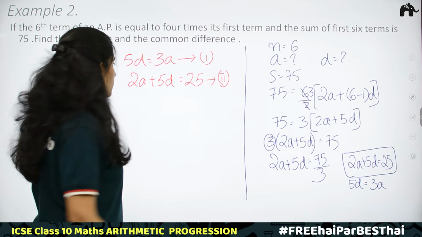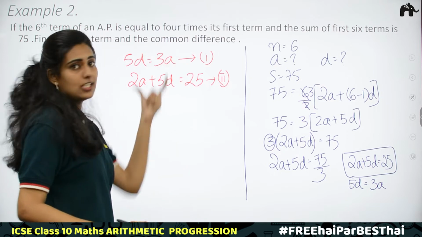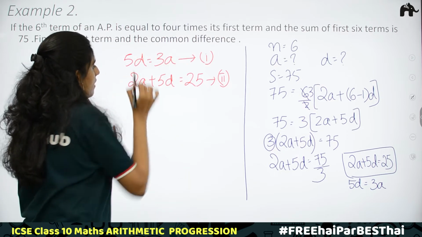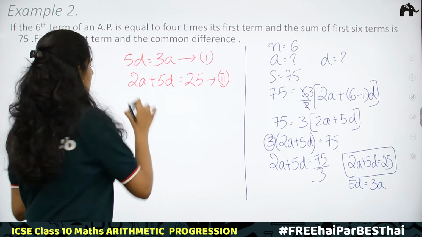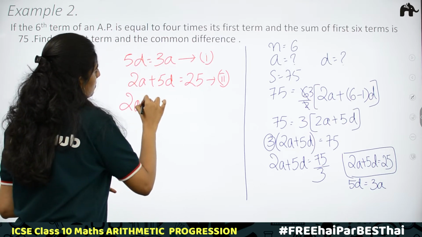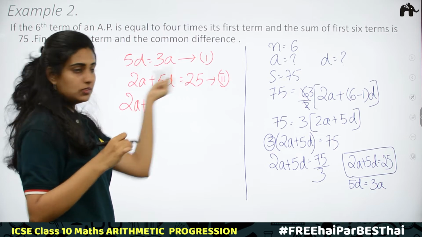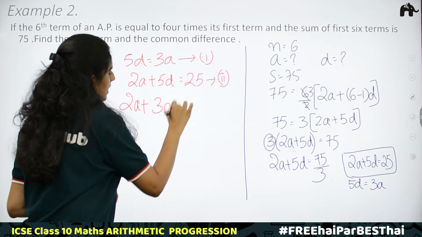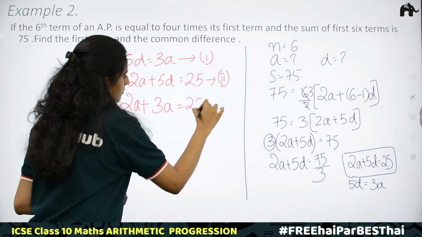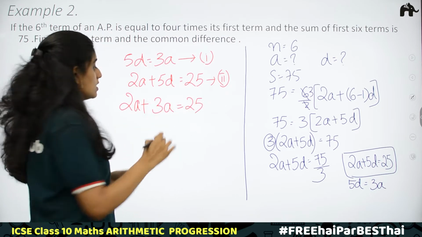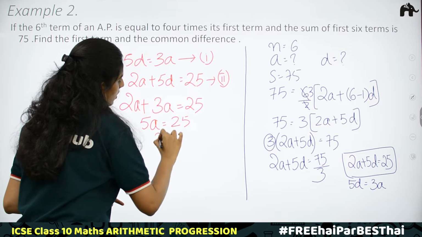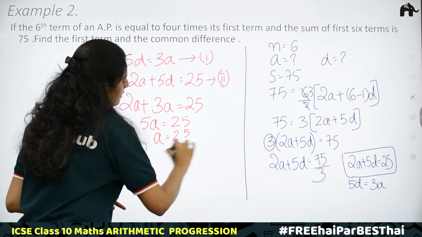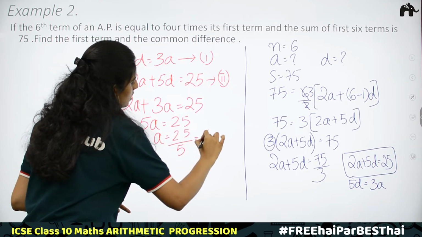Now I am going to substitute the first equation in the second. In the first equation we have 5d. This value of 5d I am going to substitute in the second equation. We get 2a plus 3a is equal to 25. 2a plus 3a is 5a. 5a is equal to 25, or a is equal to 25 divided by 5, which is equal to 5.